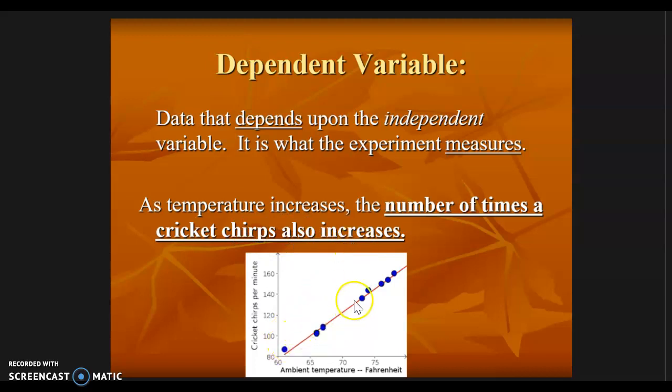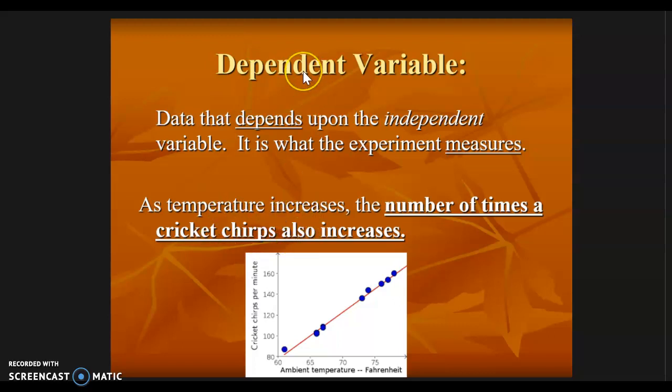You can plot that data, and these are the number of chirps per minute. The number of chirps depends upon the temperature, not the other way around. When a cricket chirps faster, it doesn't heat up the earth. So it's very important you know the order here. The temperature is the independent variable. The cricket chirping is the dependent variable.